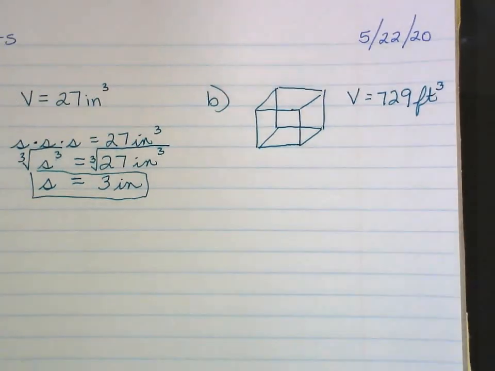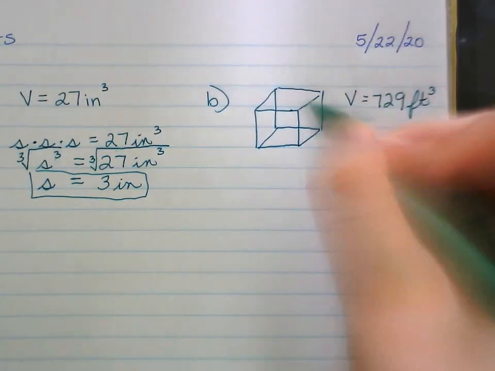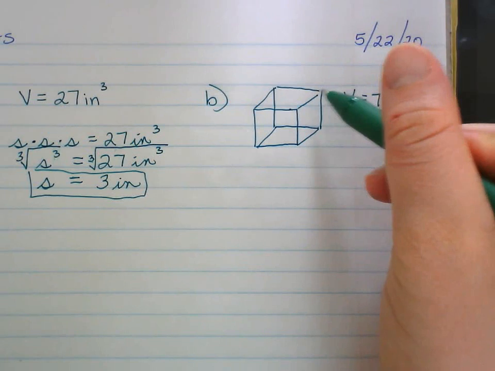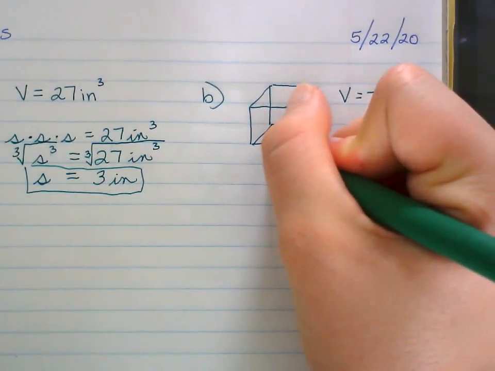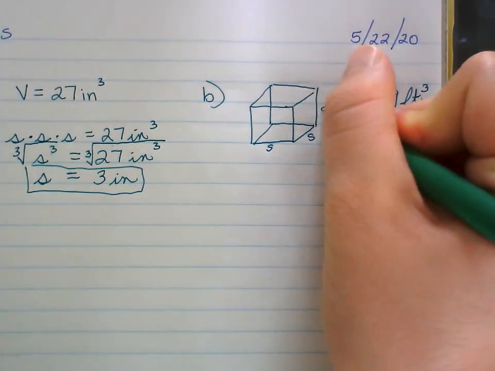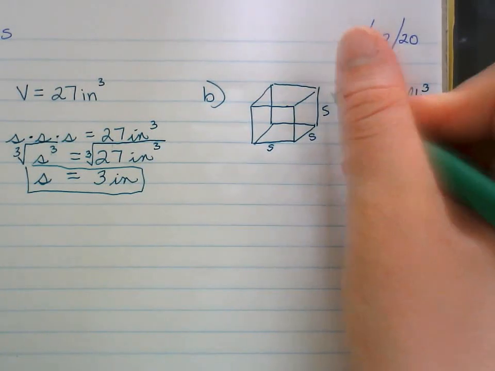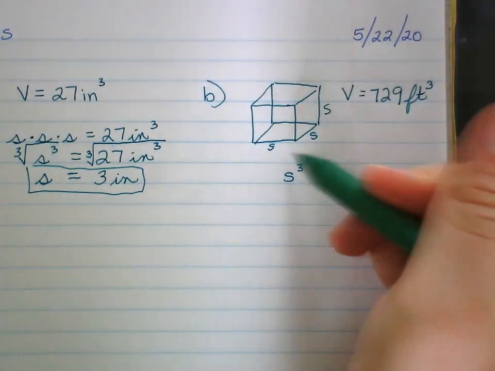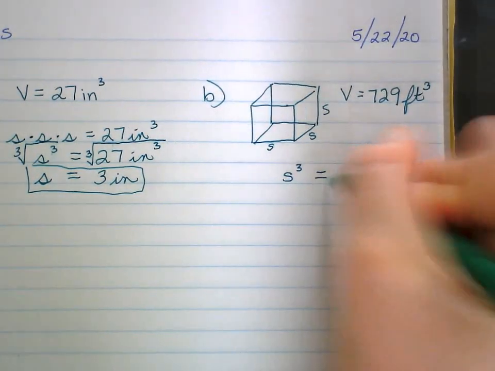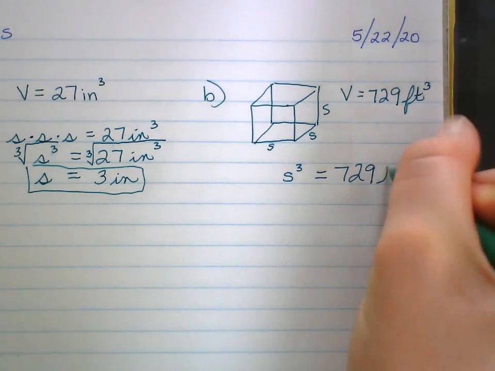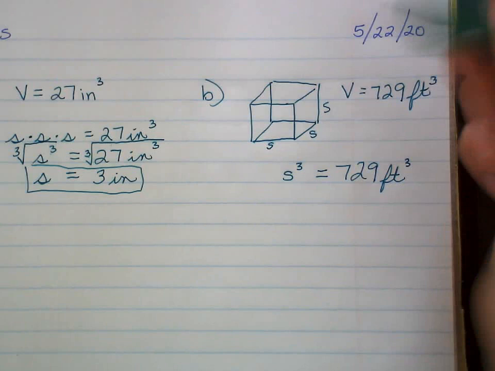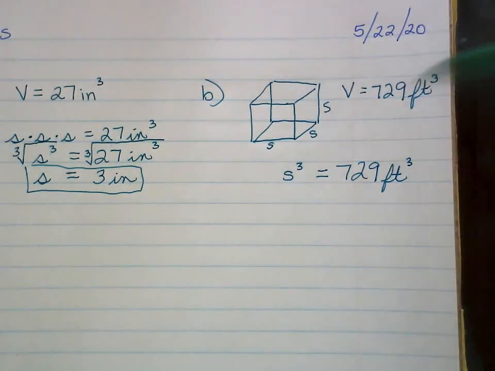So we know that volume for a cube, or for any prism, is length times width times height. But when it's a cube, every side length is the same. So side times side times side, or side cubed, because we're multiplying it by itself 3 times, equals 729 feet cubed. So you could guess and check what number times itself 3 times equals 729. That's going to take a long time.